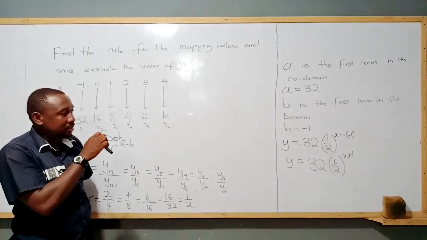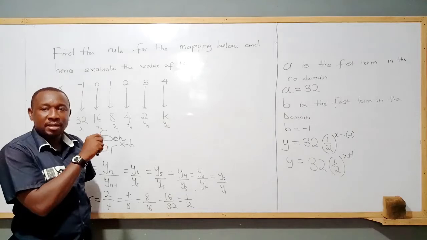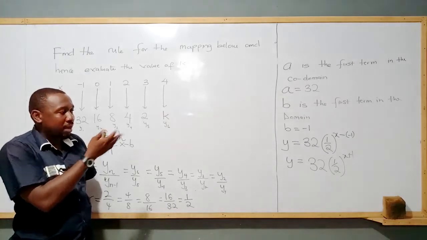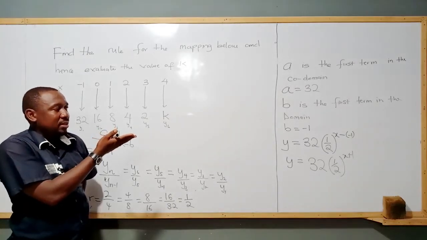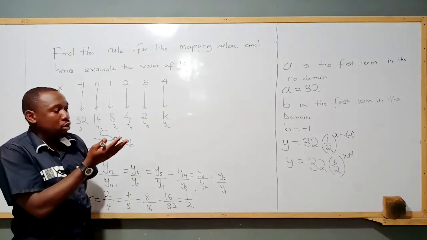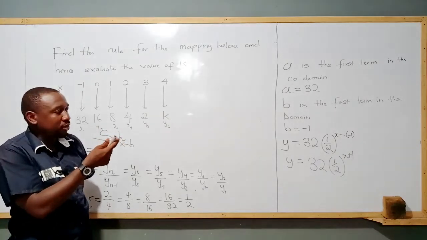And that is by the use of indices. You can break it down. But if a student leaves the rule in this form, he will not be wrong. But let's try to see if we can break it down.